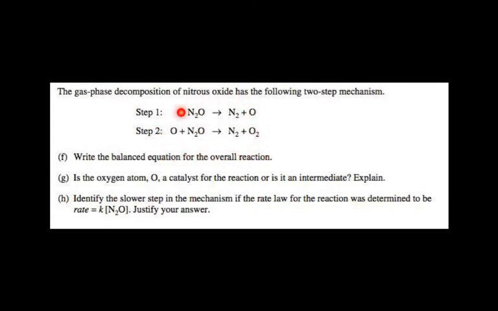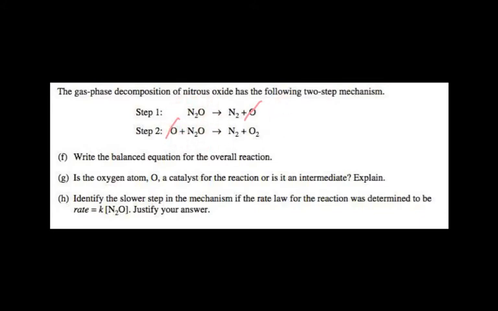To write the balanced equation for the overall reaction, we basically just cancel out anything that repeats on both sides and add anything that's there. So we've got N2O here on this side, N2O here. They're both on the reactant side.